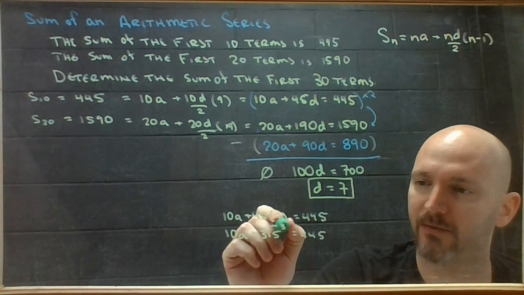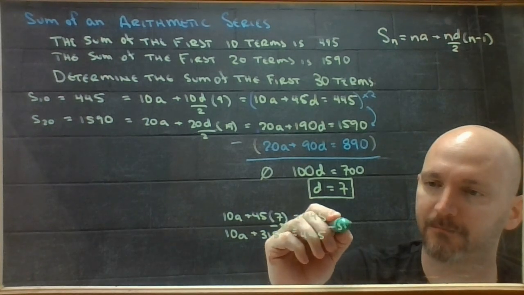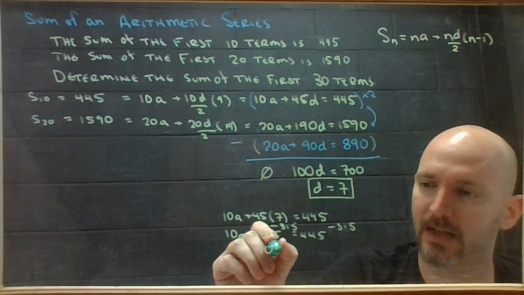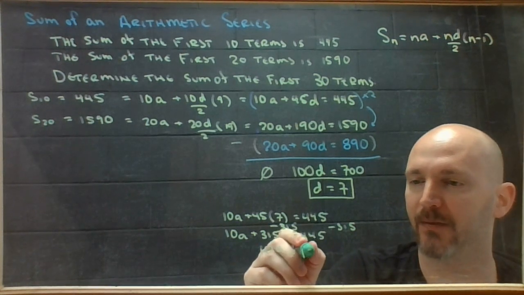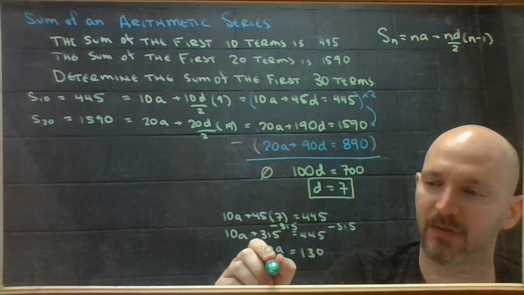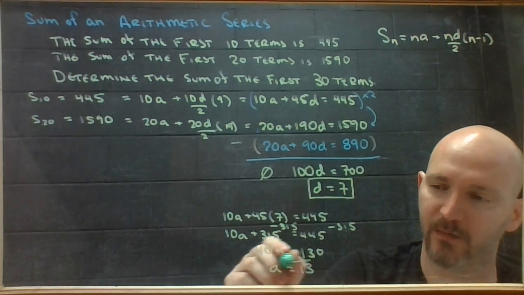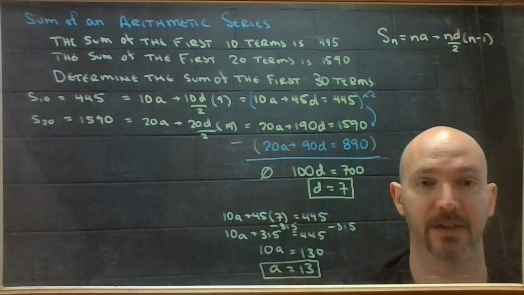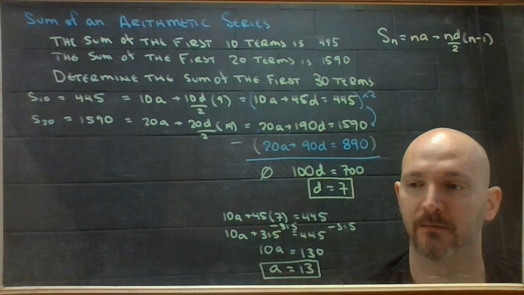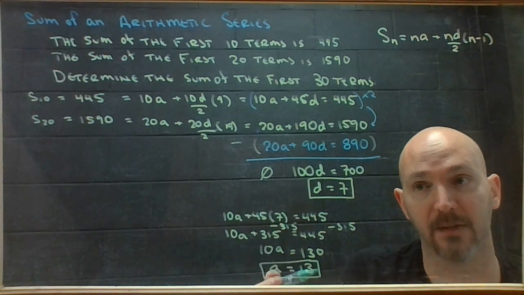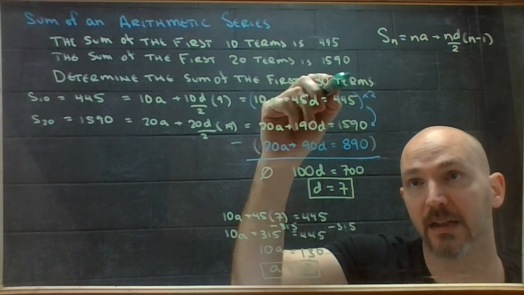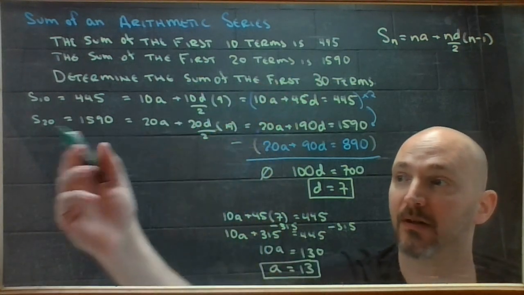Subtract 315 from both sides. We get 10A is 130. Divide both sides by 10. The first term had to be 13. So now that I have the first term and the difference, I can actually calculate the sum of the first 30 terms.